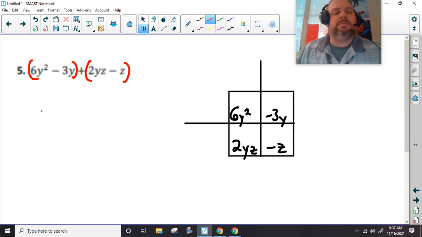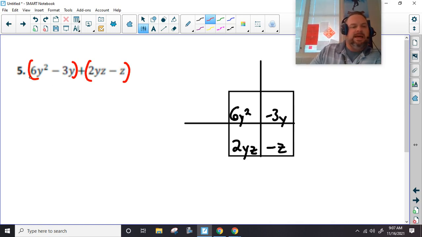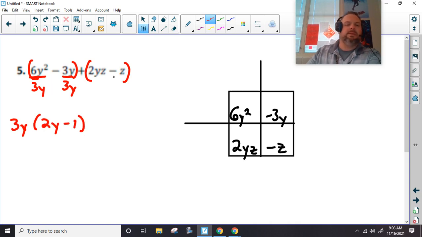So looking at this, I can take out, looks like to be a 3y because that's the smallest exponent of y. Bless you for whomever just sneezed or whatever that was. Okay.